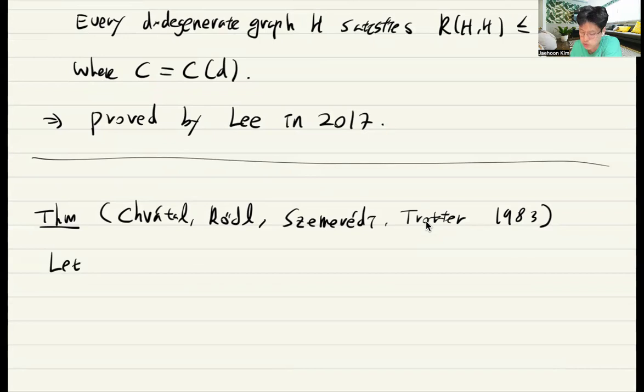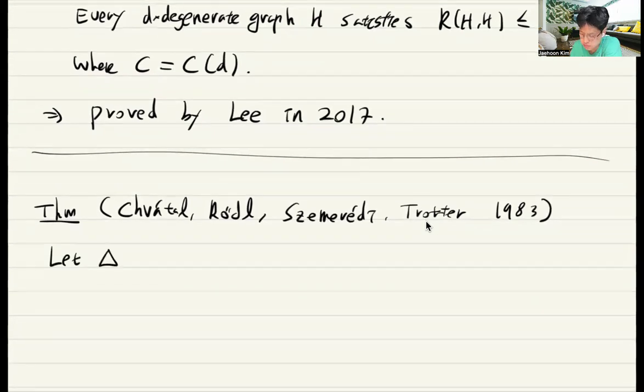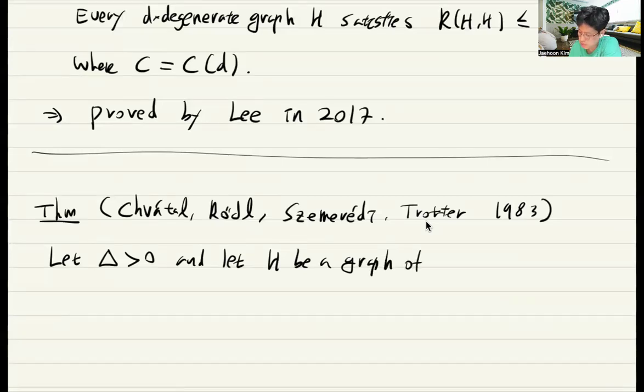They consider graphs with bounded maximum degree. So let's say delta is some number, and let H be a graph of maximum degree at most delta.